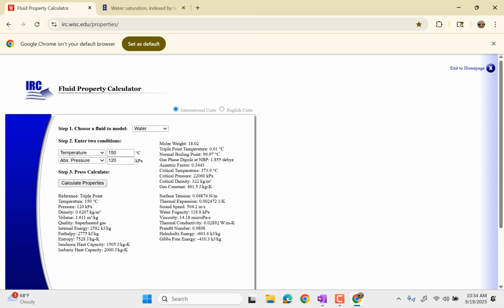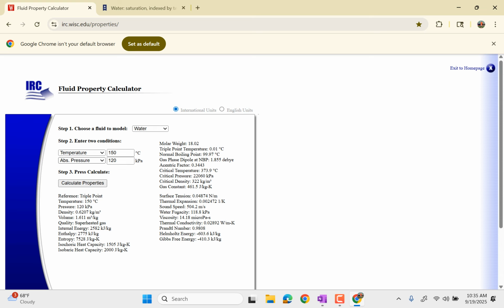One thing I want to show you while we're here is this makes you specify two properties. So I chose temperature and pressure. You could choose any two properties you want. What about at saturation? What if you're talking about the boiling point and you have half liquid and half gas?